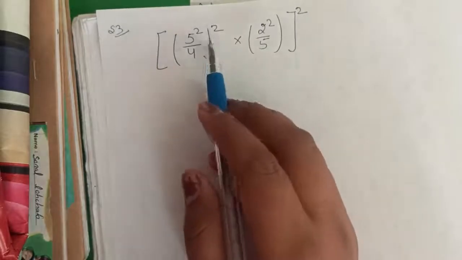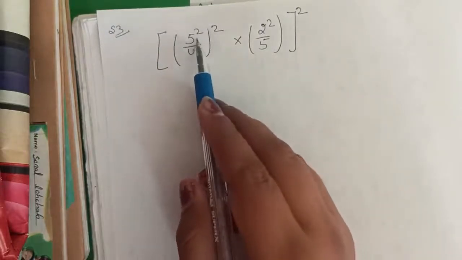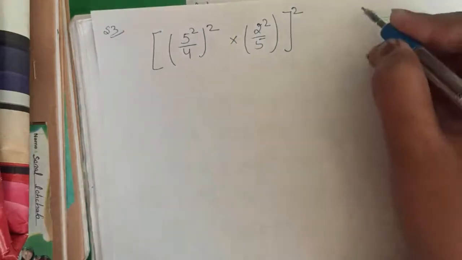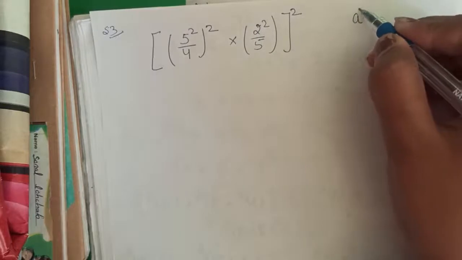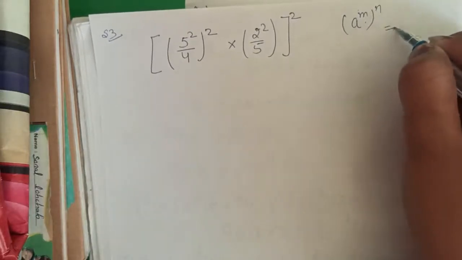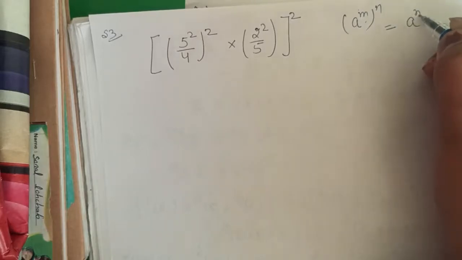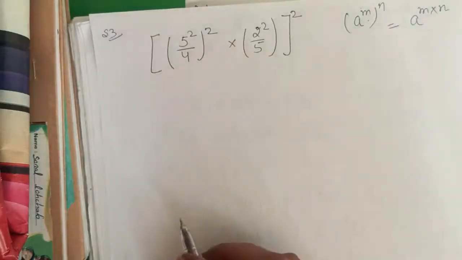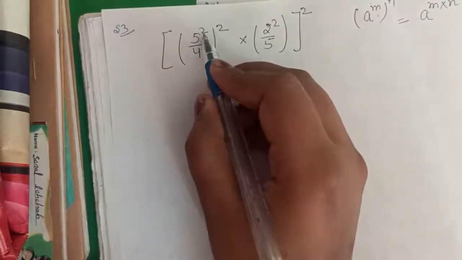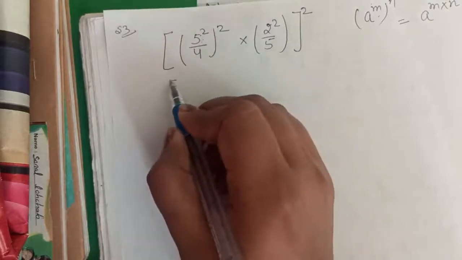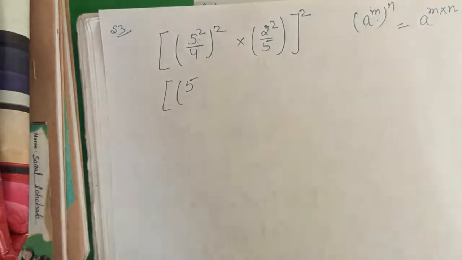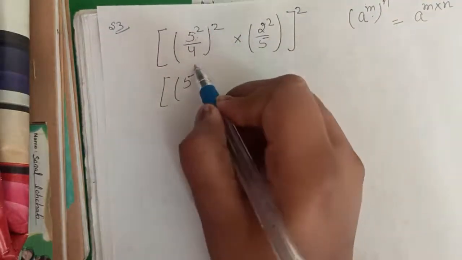So firstly, this is the power of the complete one, 5 to the power 2. We learned in exponents that a to the power m, the whole to the power n, is expressed as a to the power m multiplied by n. So here 5 to the power 2 and this 2 also, it can be 5 to the power 4. 2 multiplied with 2 is 4.